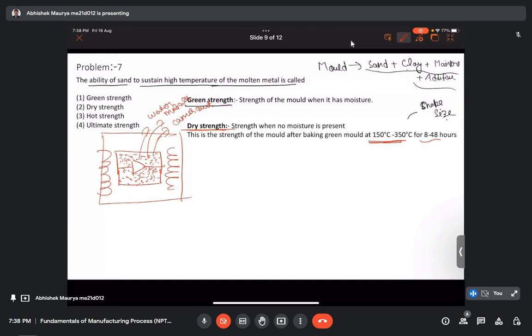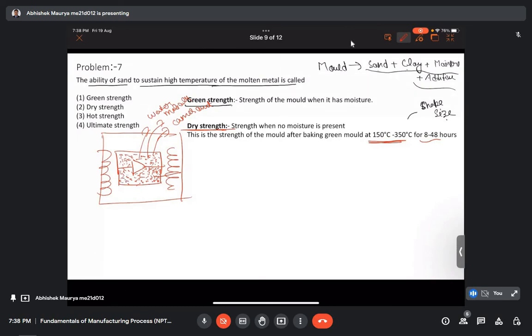And since its strength is increased, it is now capable of holding a larger weight of the molten metal without any distortion. It retains its shape as well as its size.